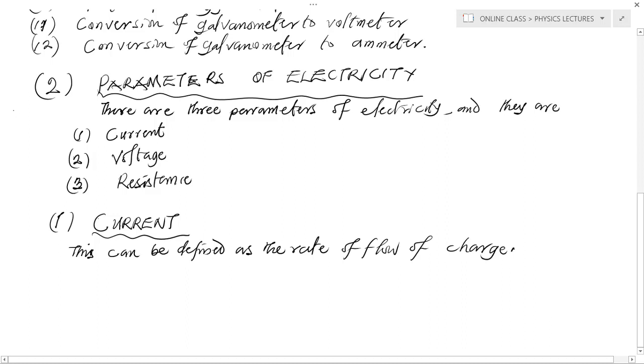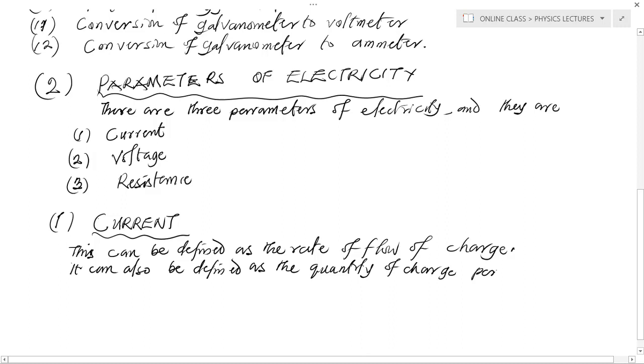Another definition we can give is that it can also be defined as the quantity of charge per time taken.